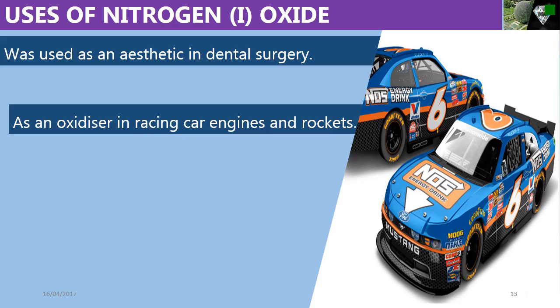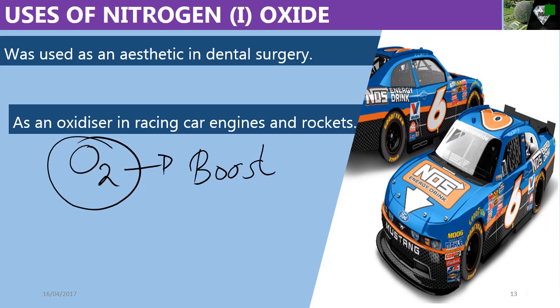Now, for those of you who are enthusiasts of racing cars, you may have known that when a racing car is at very high speed and the driver wants to boost the speed into even greater levels, they would inject nitrogen 1 oxide through a cylinder placed near the driver's seat into the engine, and this would give a lot of oxygen into the combustion chamber of the engine and hence boost the speed of the vehicle.